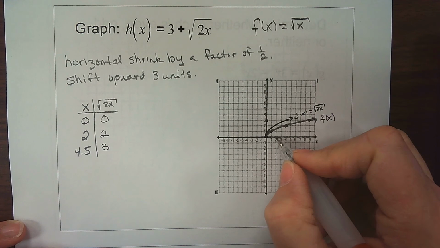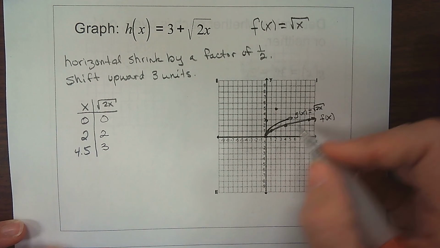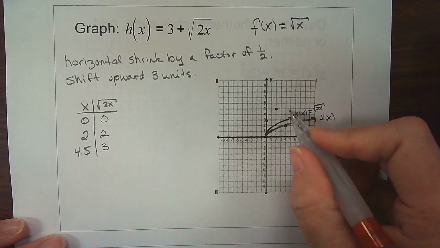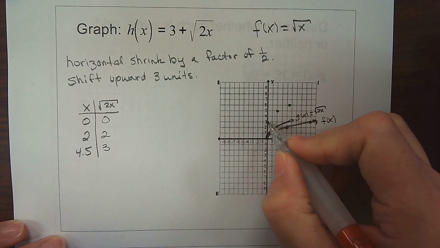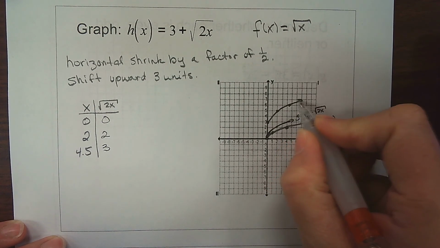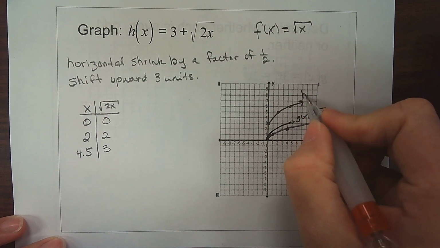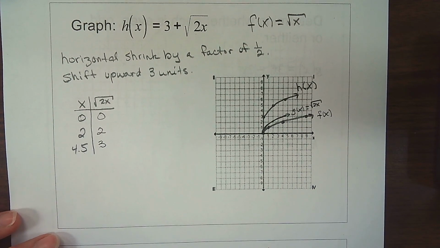So let's see, at 2 and then 2, I'm going to move that up 1, 2, 3 units. And then at 4.5, I was up 1, 2, 3, and I'm going to move that up 1, 2, 3 more units as well. So those 3 points help me to define my final graph. I wish this were in color so I could indicate this is my final graph, but I'm going to do that by labeling. That is h of x, my final function.